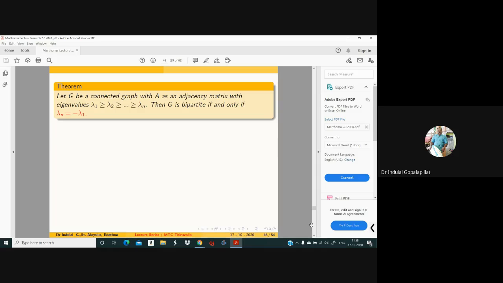We have already proved that a graph is bipartite if and only if the spectrum is symmetric with respect to 0. So now we have reduced the criterion for characterization. You simply look at the greatest and smallest eigenvalue. If they are negatives of each other, then the graph is bipartite. You need not even look at any other eigenvalues. Whatever the other eigenvalues are, you can show that the graph is bipartite. This is a simple application of the Rayleigh principle, and I'm skipping that.